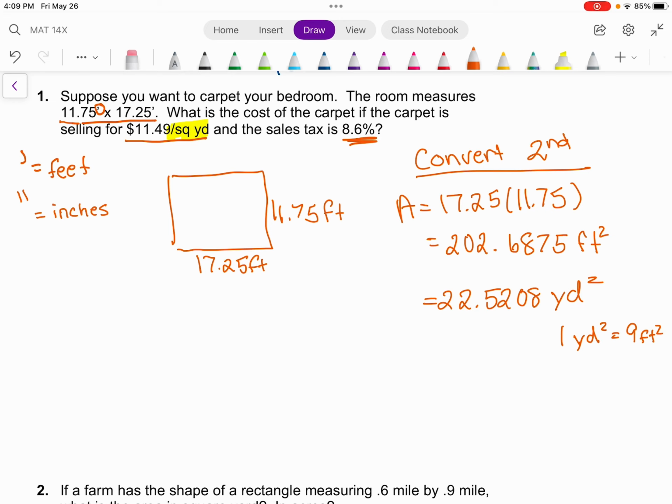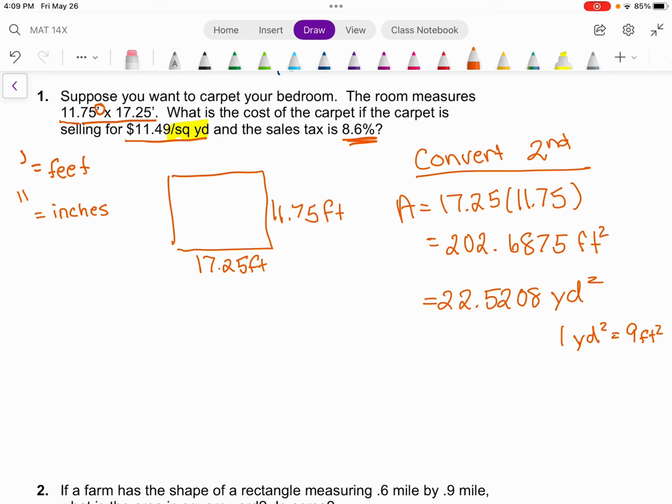If you convert first, basically I'm going to turn both of my dimensions into yards. Well, there are 3 feet in 1 yard. And so if I divide each of these numbers by 3, I'm going to get their measure in yards. And this is one where I'm going to put it all in my calculator at once, and I'm going to show you how to do that.